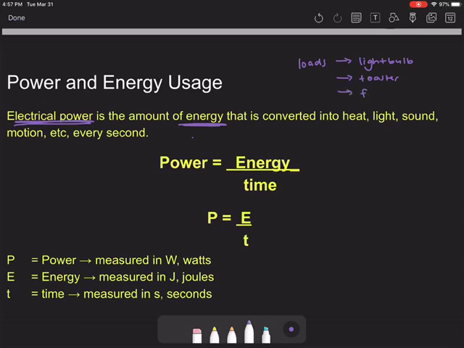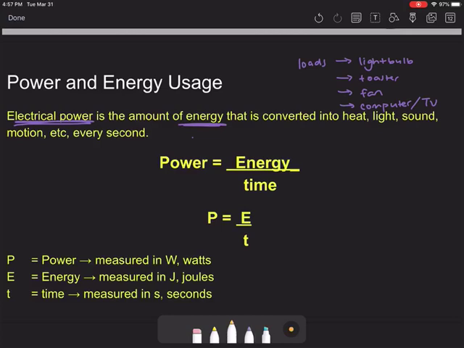We also talked about a fan converting electrical energy into kinetic or mechanical or motion energy. And we also talked about TVs and computers, which converted electrical energy into both light and sound energy. Okay? So electrical power is the amount of energy that's actually being converted by that load every single second.